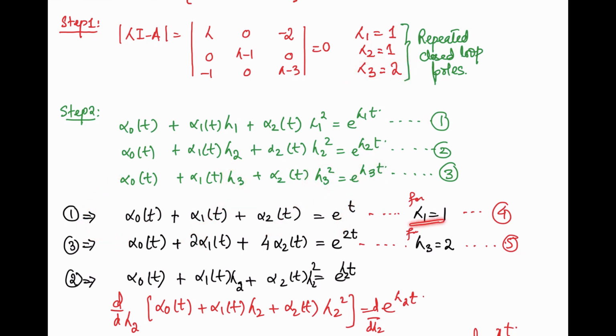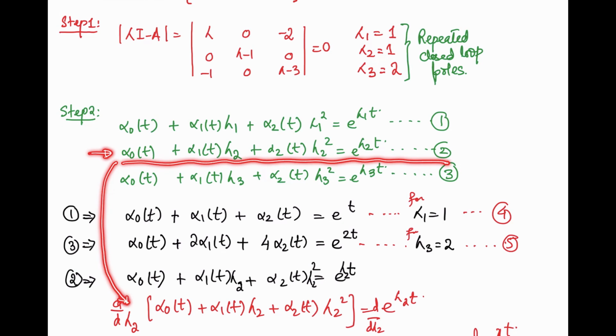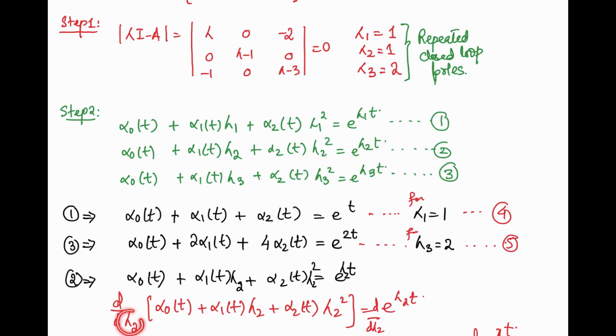So this is the equation for lambda equal to 1, and this equation is for lambda equal to 2. Now this is the equation for the repeated pole, or the repeated eigenvalue. So we are going to take the derivative of this one with respect to lambda 2, on both sides.